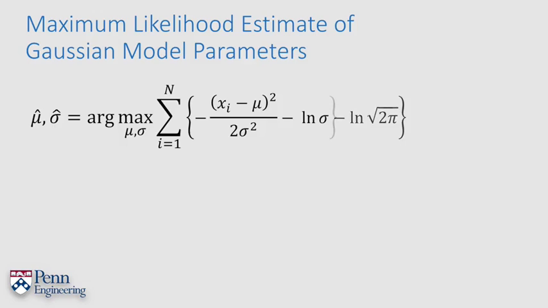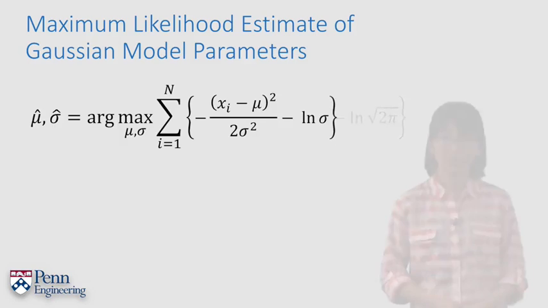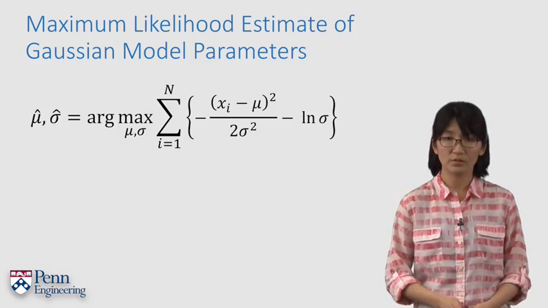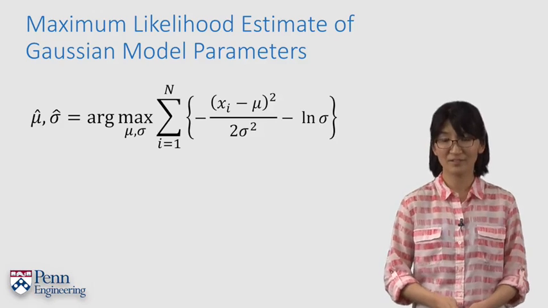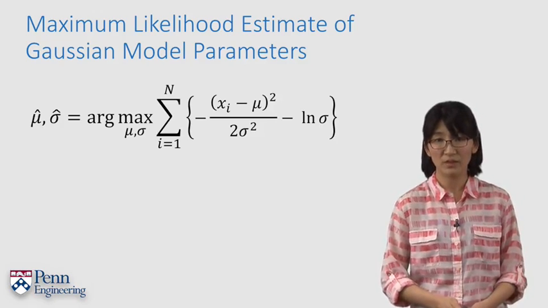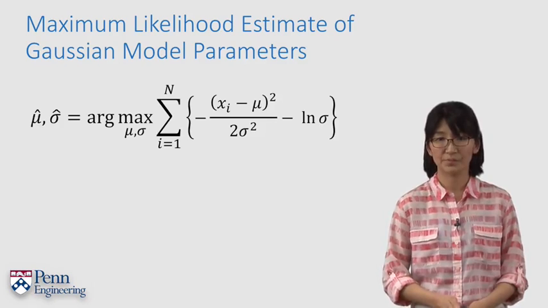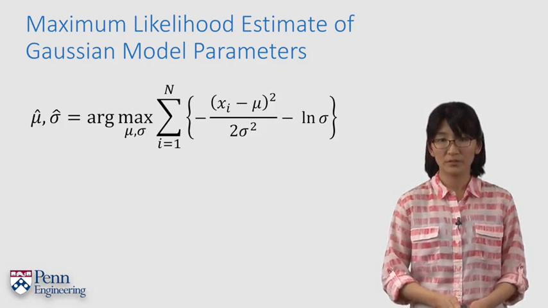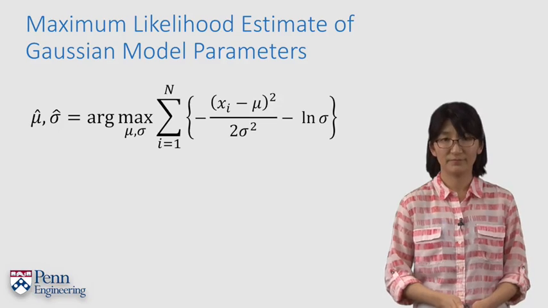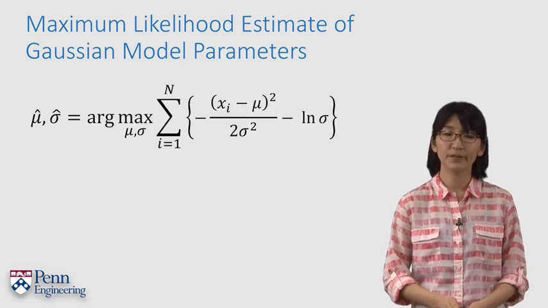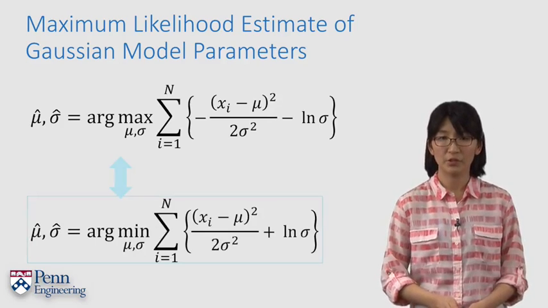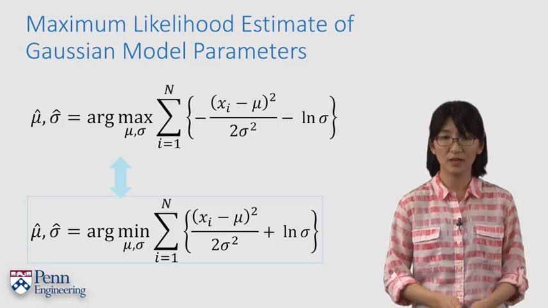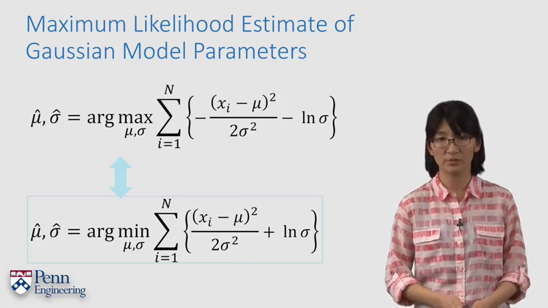We are going to further simplify this. We can ignore the constant term, log square root of 2 pi, in this case, because it does not vary with the parameters. So it does not affect the solution. Then we can change the formula into a minimization problem by changing max to min and taking the negatives of all the terms.